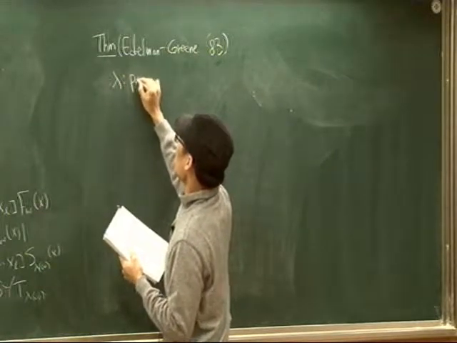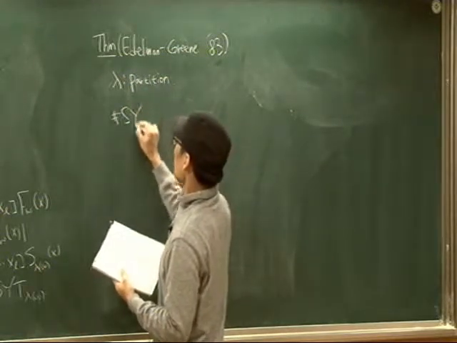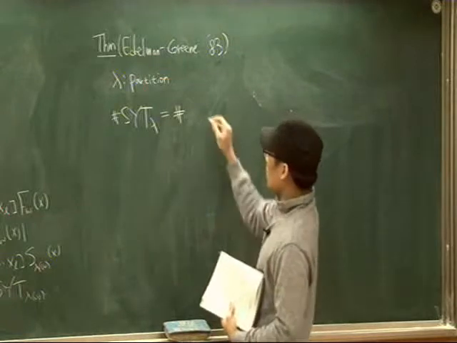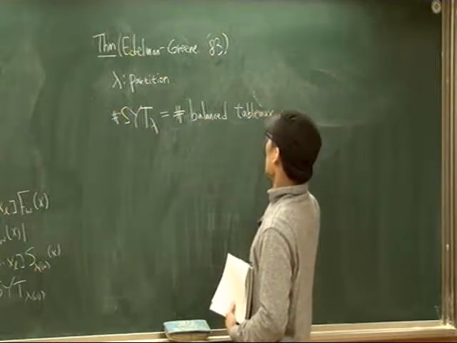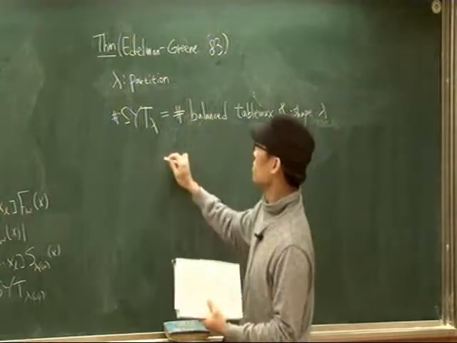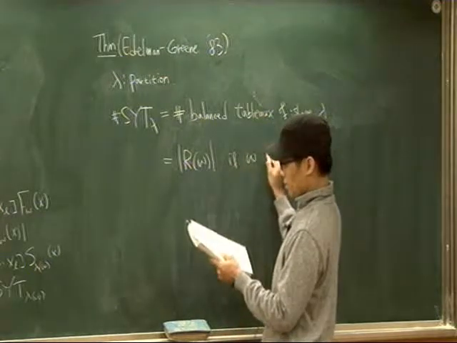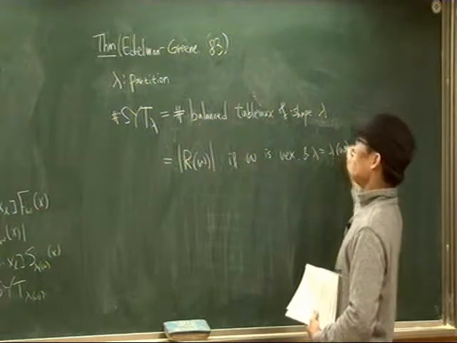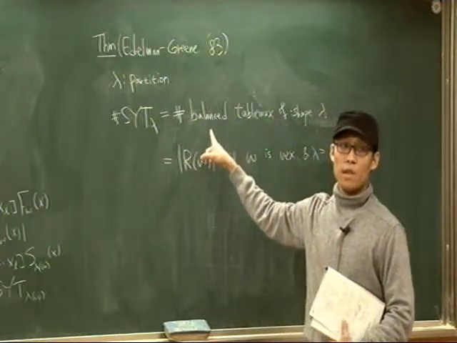When lambda is a partition, the number of standard Young tableaux of shape lambda is the same as the number of balanced tableaux they defined of shape lambda, and this is the number of reduced words if W is vexillary and lambda is lambda of W. So they found another middle step called balanced tableau.